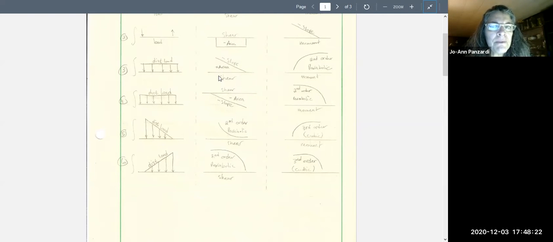Once you know the maximum shear and the maximum moment, then you can choose the beam that will just withstand that load and moment. So that's where my head goes, concentrating on the engineering part. You can do all this mathematically by doing integration, but I'm not interested in seeing that. Okay, so that's the only overview I want to do.